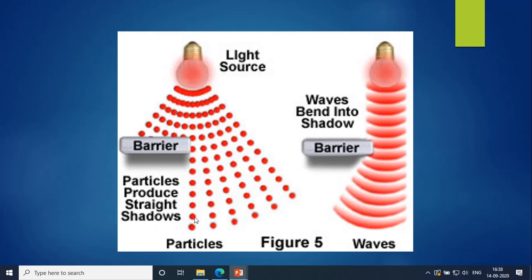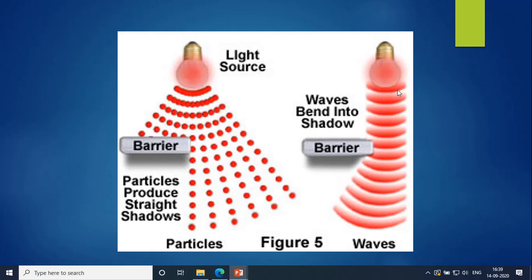A shadow is expected and produced whenever a barrier is held in the path of light, because light is traveling in a straight line. This area is blocked by the barrier, light does not enter it, and that is the reason a shadow is produced.